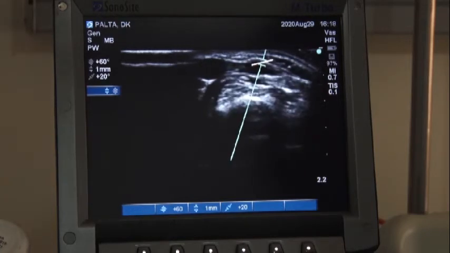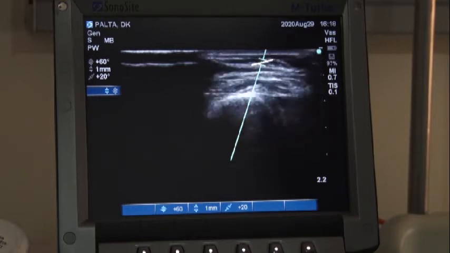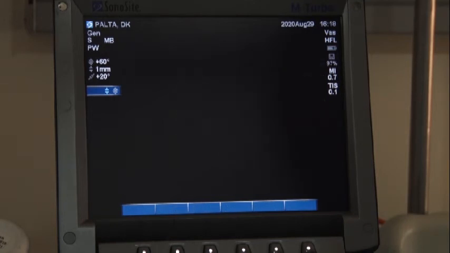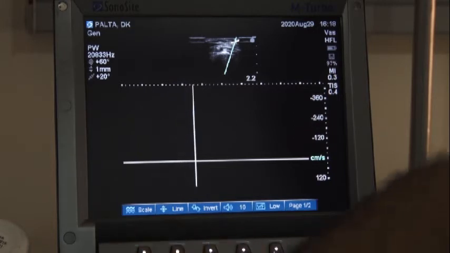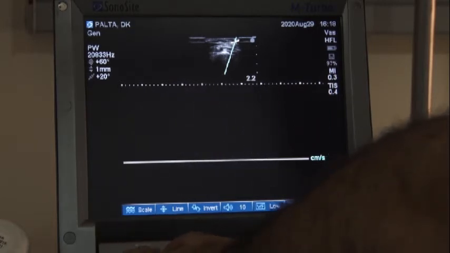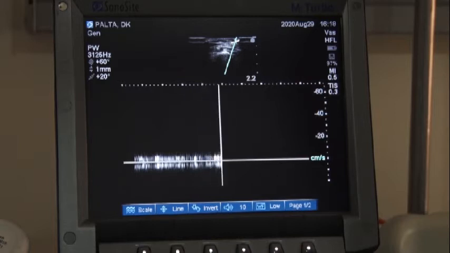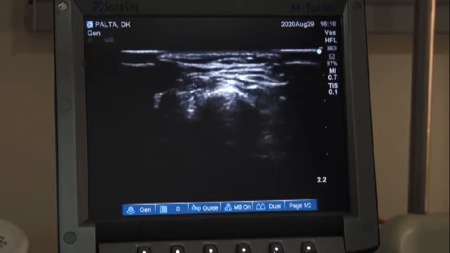First, let's check the vein. First we'll check this vein. No, there is very little flow in it, with a peak systolic velocity of around 10-15, not much.